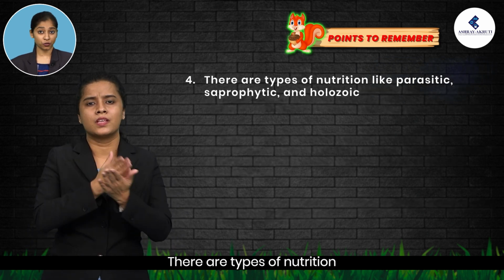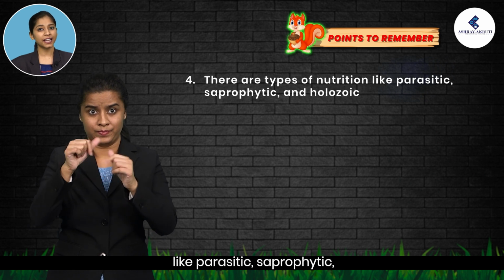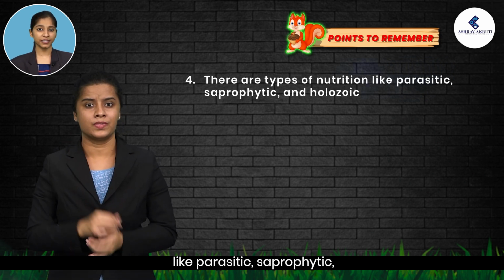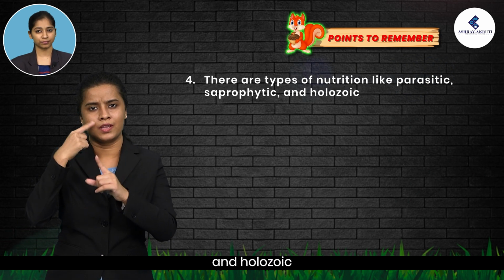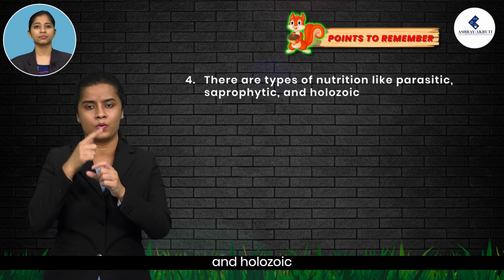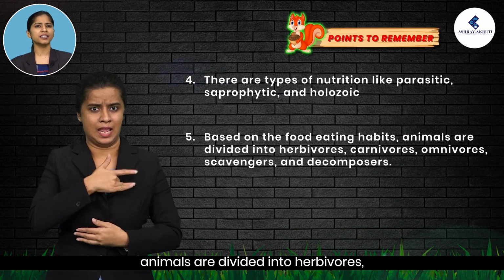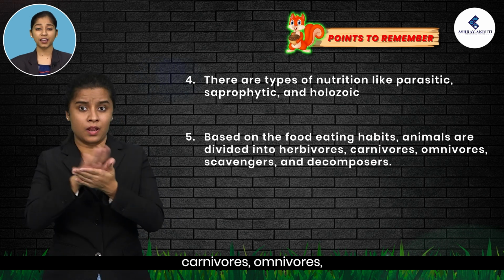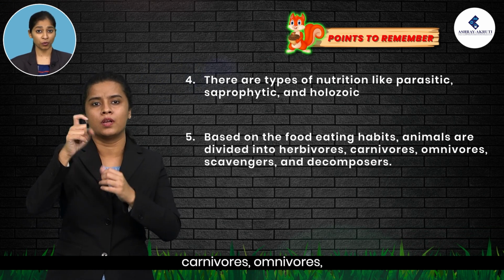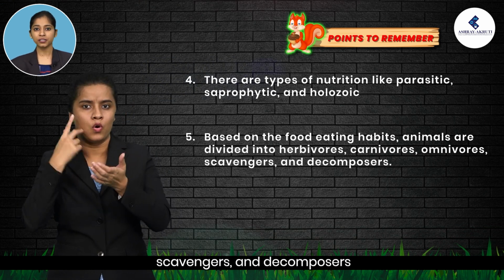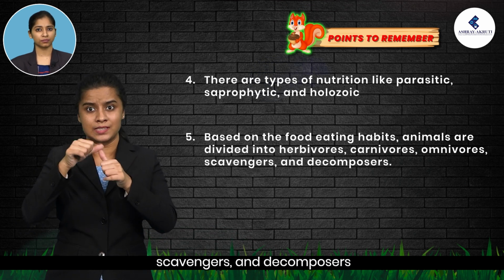There are types of nutrition like parasitic, saprophytic and holozoic. Based on the food eating habits, animals are divided into herbivores, carnivores, omnivores, scavengers and decomposers.